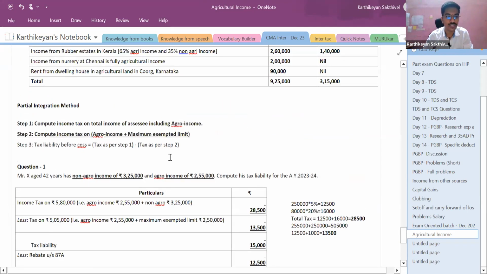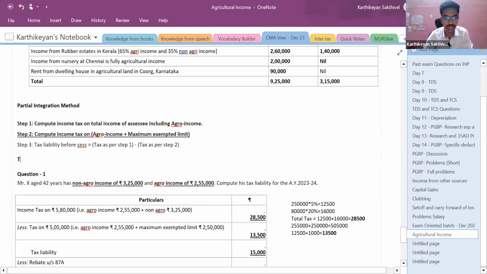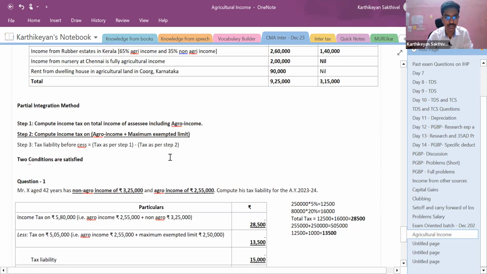One point we need to remember for the partial exemption method is that it could be used if two conditions are satisfied. Condition number 1: my agricultural income should be more than 5,000 rupees.